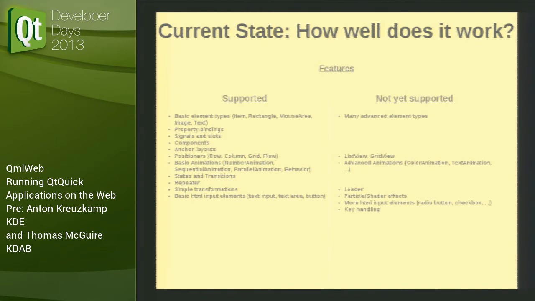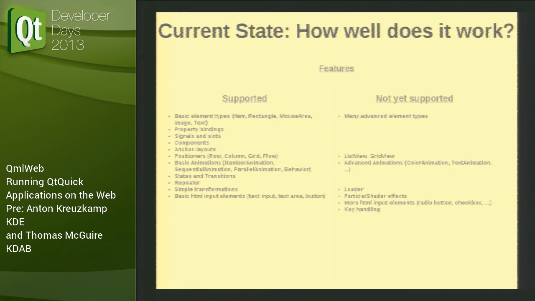By the way, while this is still in the early stages and not all UI elements are implemented, it actually supports more than the original QtQuick engine, since it supports buttons, which the QtQuick engine didn't support until this year with QtQuick controls. So it's actually more advanced in one sense. Of course, as we are in HTML, we can simply use HTML elements like button, text input, text area, and stuff.